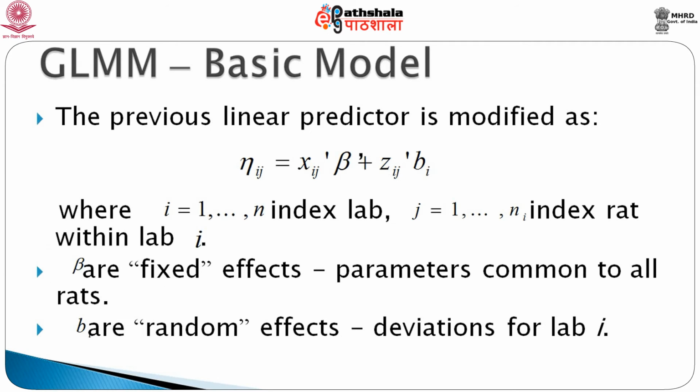The previous linear predictor is modified as eta ij equals xij dash beta plus zij dash bi, where i equals 1 to n indexes lab, and j equals 1 to ni indexes rat within lab i. Beta are fixed effects parameters common to all rats, and bi are random effects, the deviations for lab i. So, lab to lab variation is taken into account through bi.